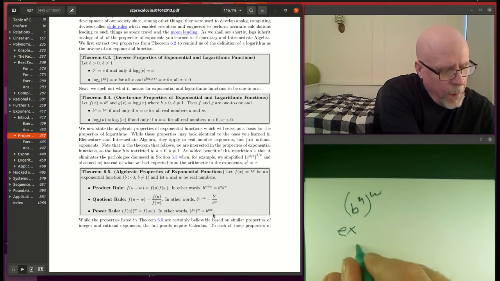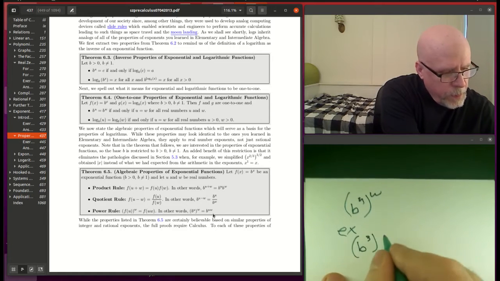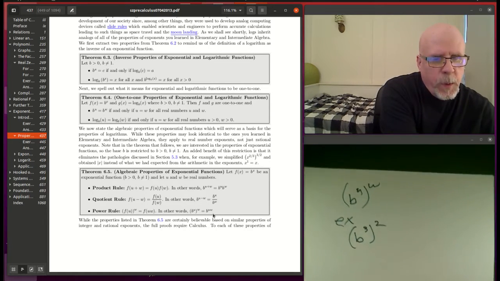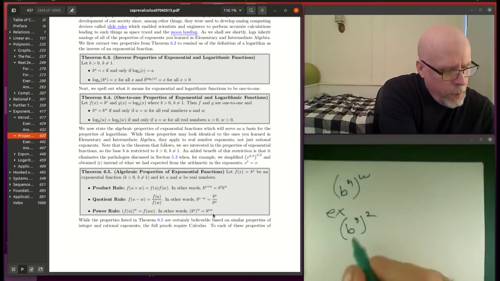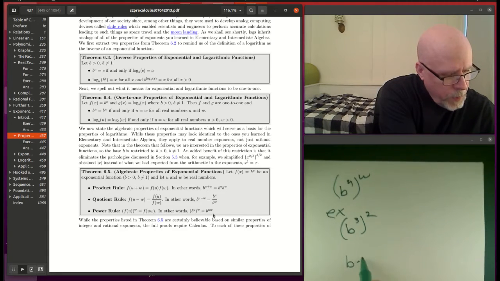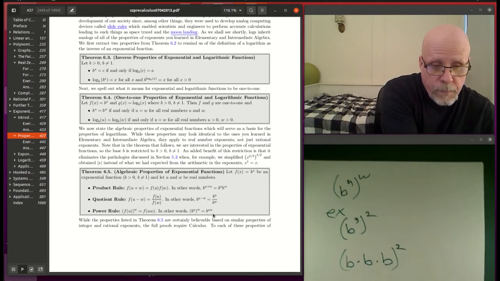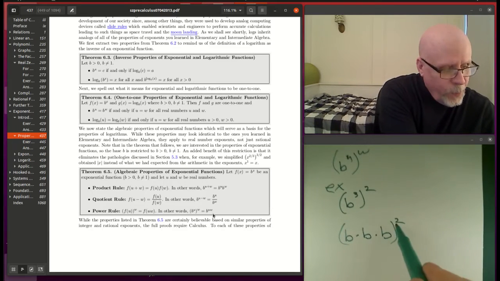Suppose I had b cubed squared. Fairly small powers, right? Well, b cubed means b times b times b, yeah? So that's times itself, 3 copies of b squared. But when you square a thing, that means that thing times itself.